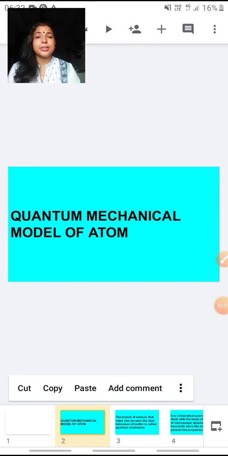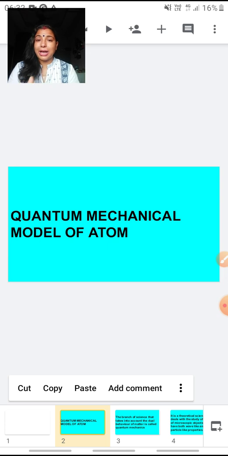Children, in the previous session, we learned about the developments that led to the quantum mechanical model of atom. I told you there are two important developments because of which this model was developed. The first one was the dual nature of matter.